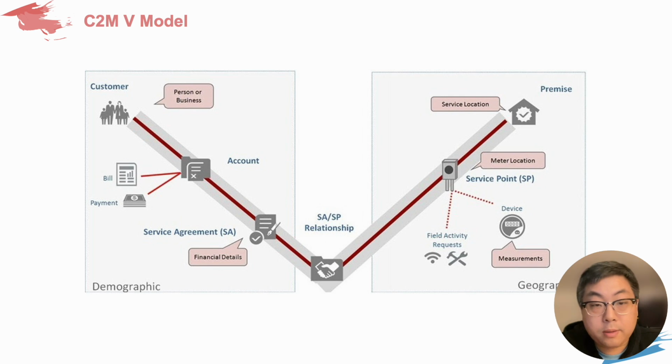But no, in C2M it's the billing account, which is a collection of financial information for the customer, and it could include bill, payment, adjustment, all these financial information in C2M.